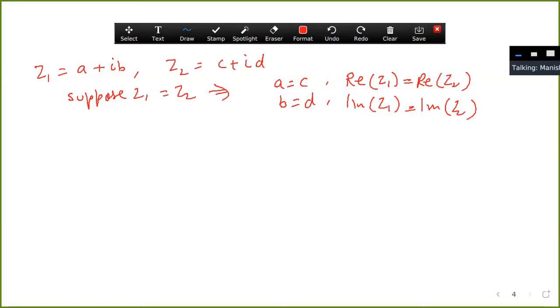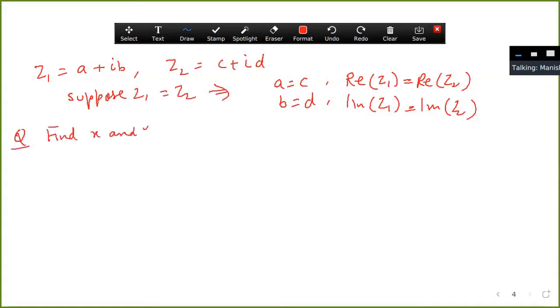Let's do a few questions which are based on the concepts we have discussed above. Suppose you have to find the value of x and y. The question is: find x and y.